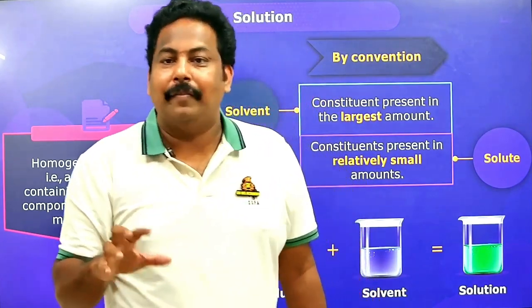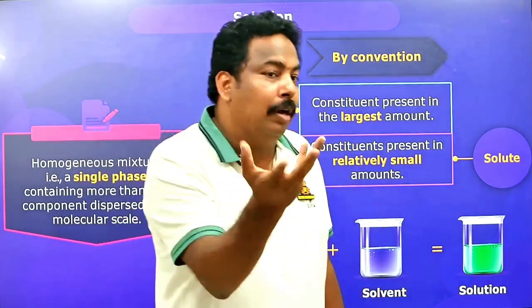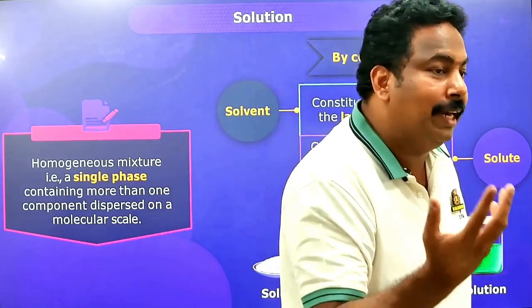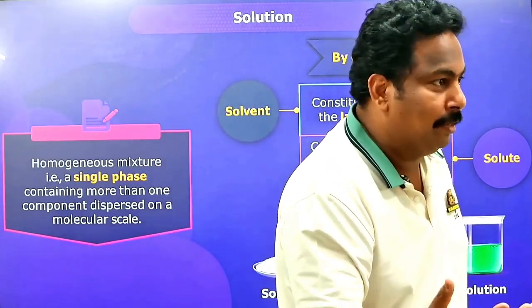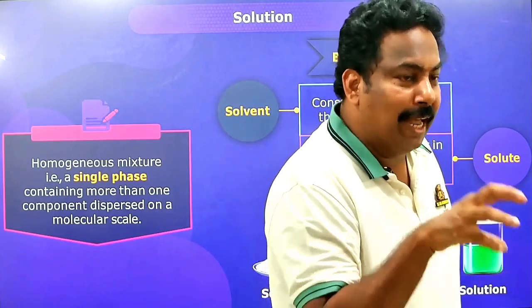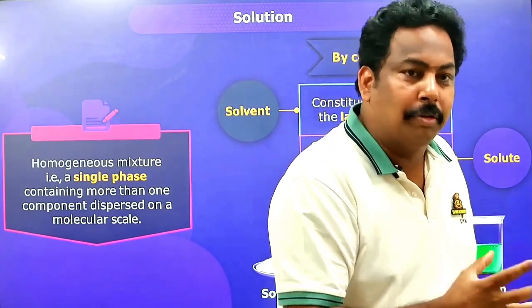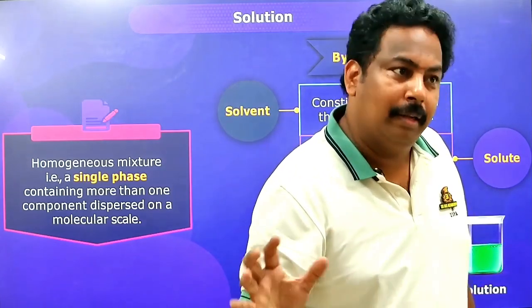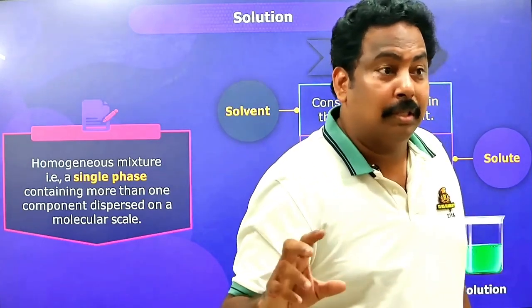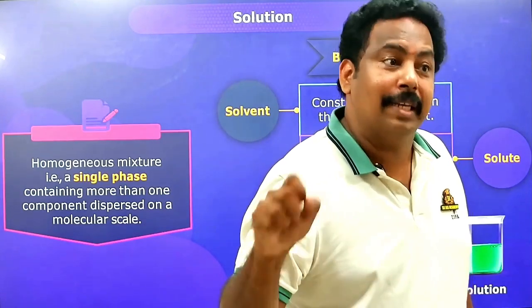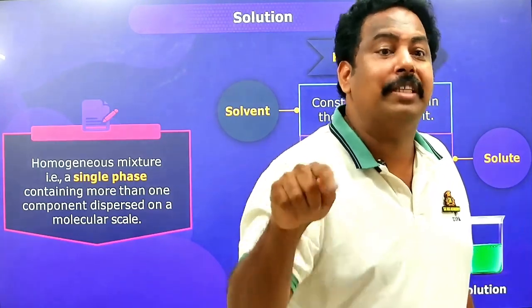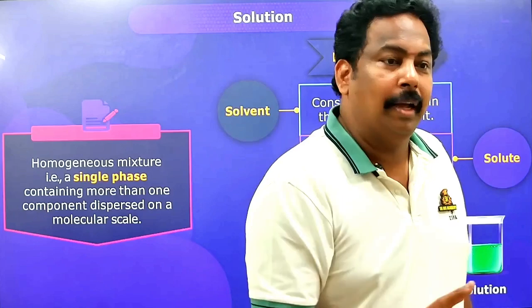So, if you have a gaseous solution, what is the solvent there? Gas. If you have a liquid solution, what is the solvent? Liquid. The state or phase of the solvent is liquid.